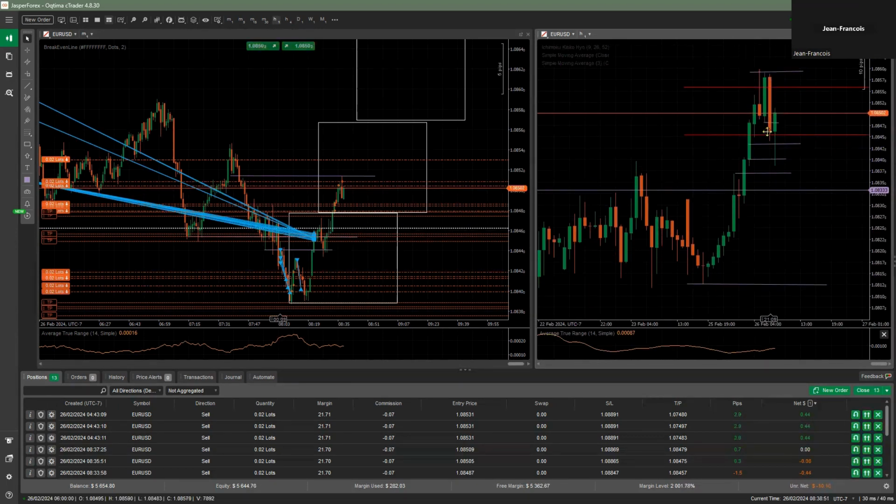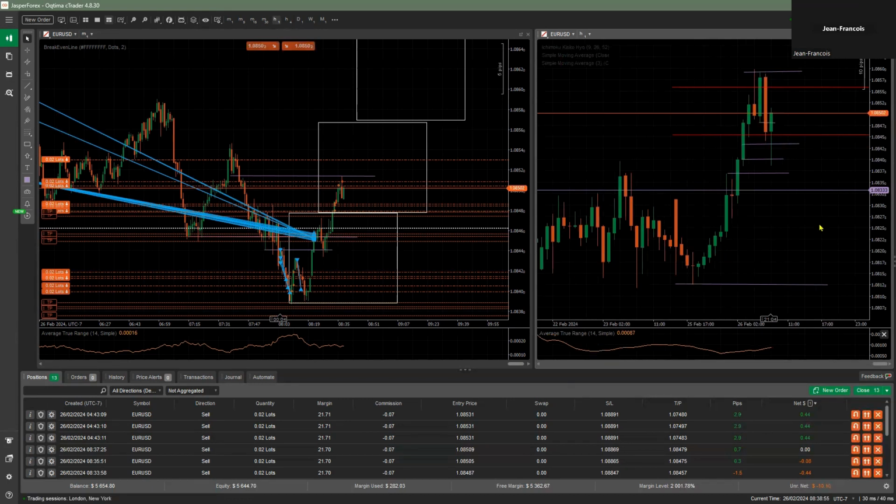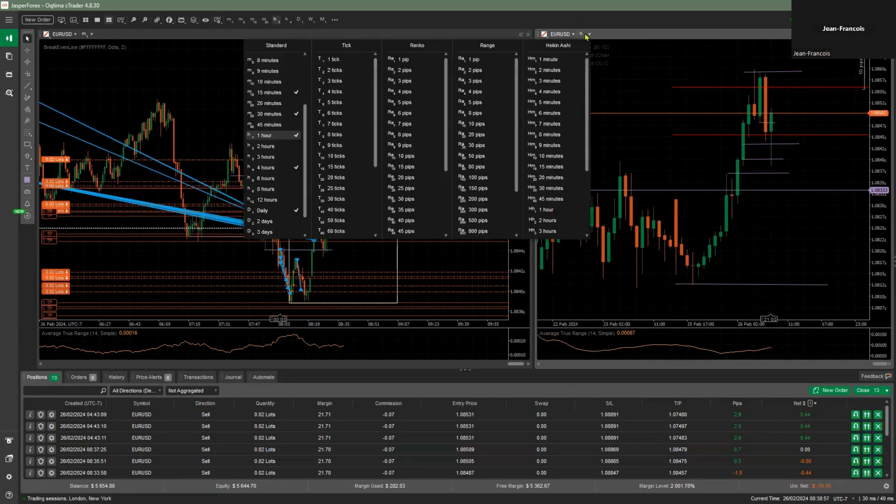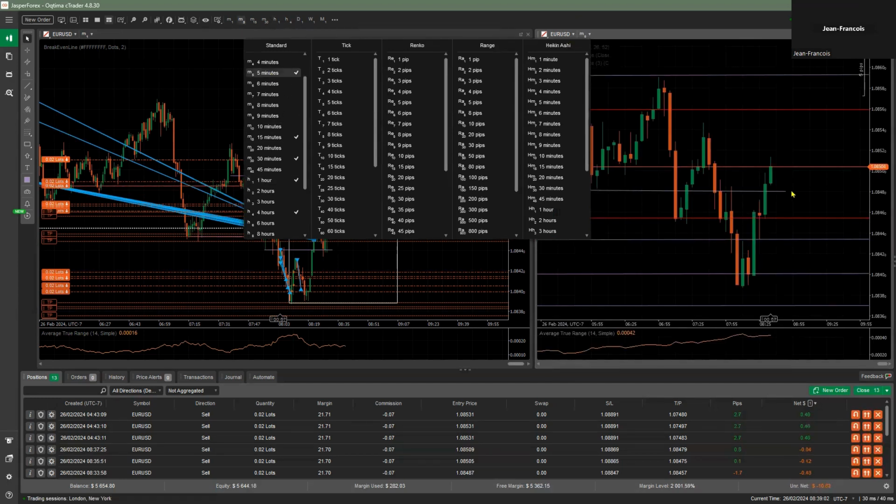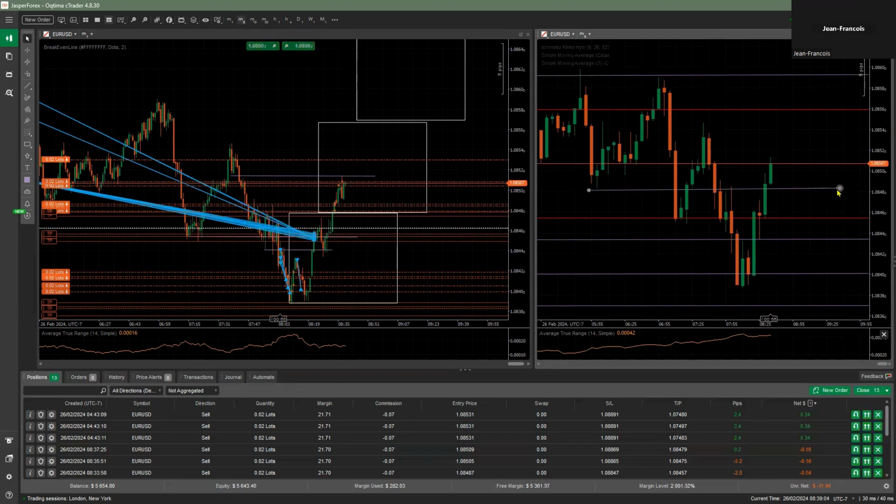Nice rejection right there. On our 5 minutes, we're testing the rungs on our ladder, and this time we're doing it bullish.